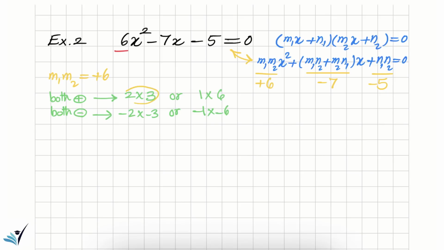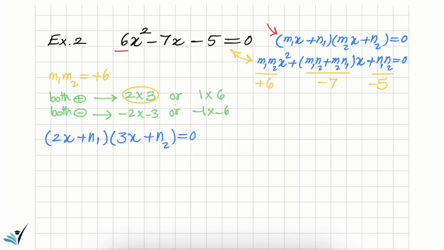Let's try these scenarios here where m1 is 2 and m2 is 3. If we replace 2 and 3 into the factored form right here, we would get (2x plus n1)(3x plus n2) equals 0.